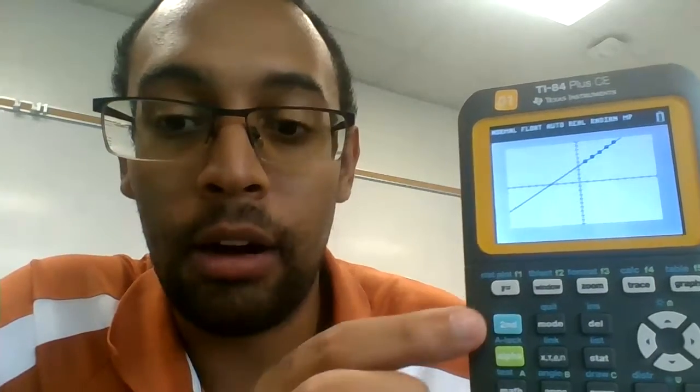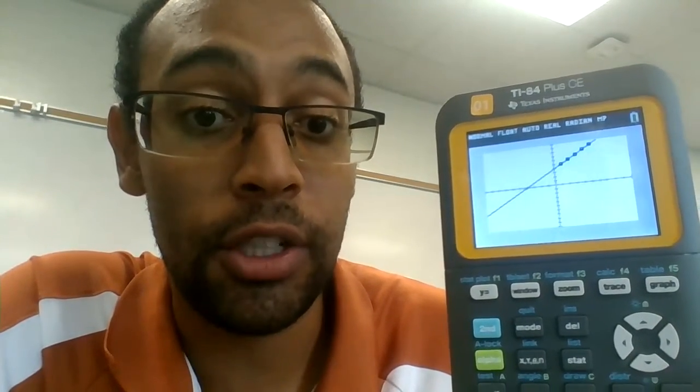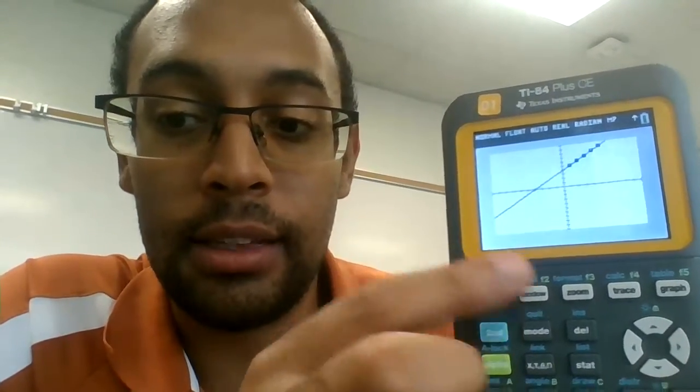Okay, so what are the quick buttons that you need to know? Second mode takes you back to the home screen. Y equals allows you to graph functions. Graph will show those functions graphed. Second, graph gives you a table.